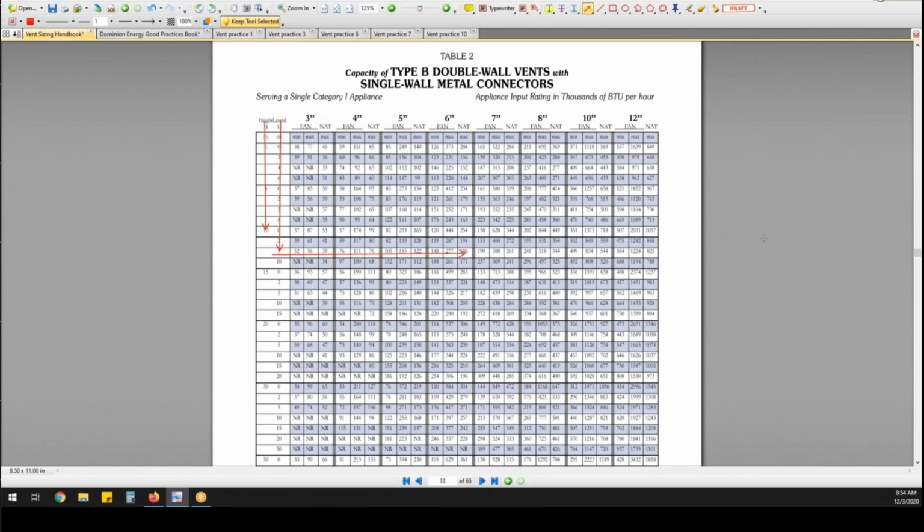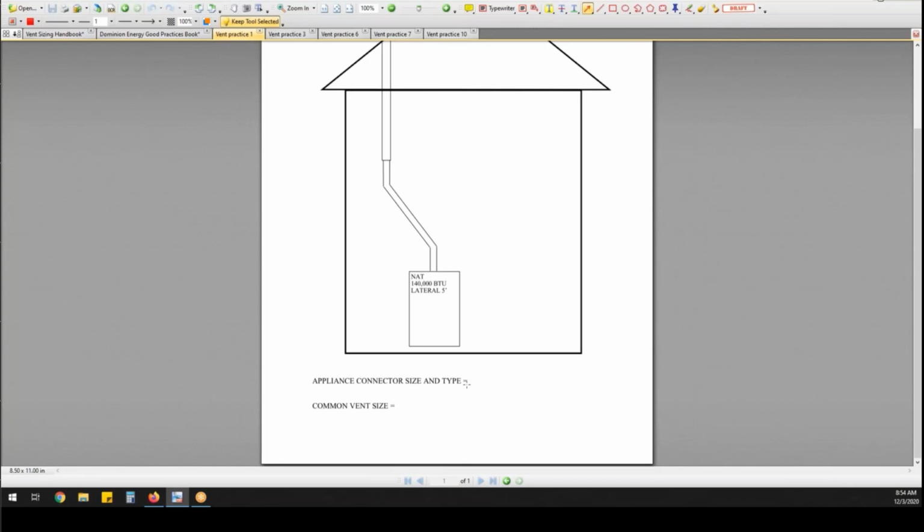So in this case, I could save money by switching to single wall. The charts allow for it. And that's how you figure it out. So the answer to this first one would be, it could be either B vent or single wall, the common 6-inch, and the common vent size 6-inch.